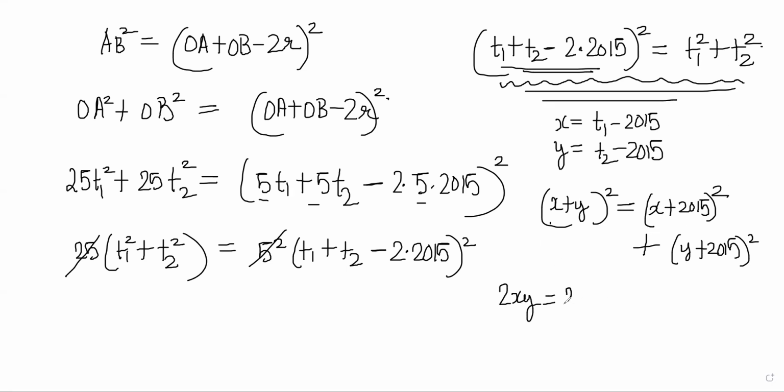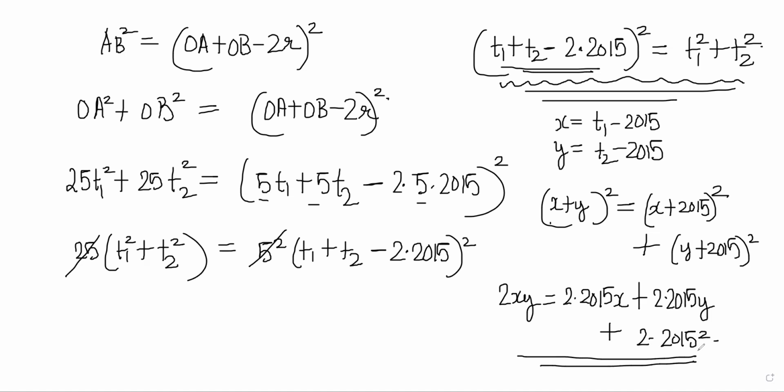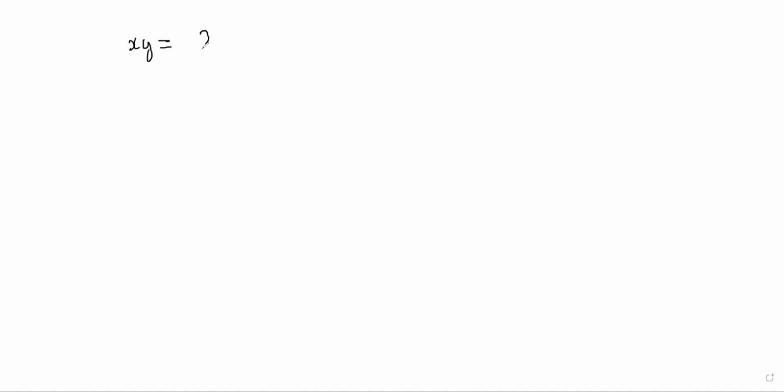You will have 2xy is equal to 2 into 2015x plus 2 into 2015y plus 2 into 2015 square, right? This is the equation that we are getting. Now 2 can get cancelled from every term and we end up with the equation xy is equal to 2015x plus 2015y plus 2015 square.